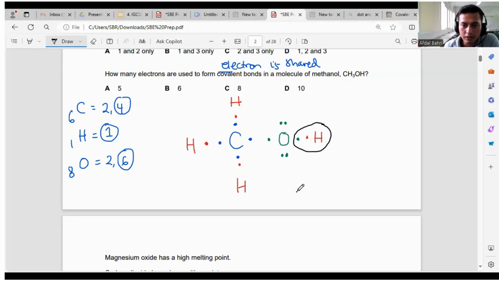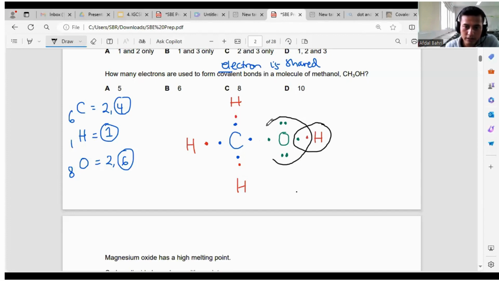Okay, oxygen also want to achieve octet. And how oxygen achieve that? By sharing the electron with hydrogen also. If you look at this number, if you count now, oxygen has 7 already. We got 6 green and then 1 red, but because it is overlap, it is also counted as electron share.